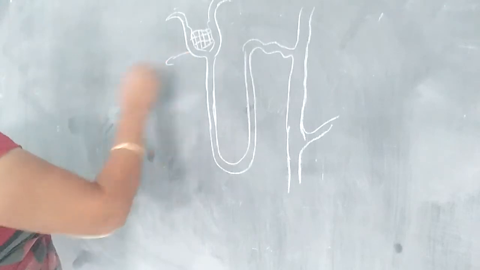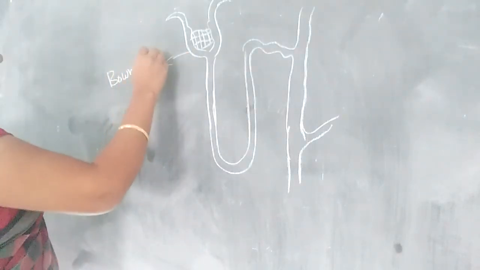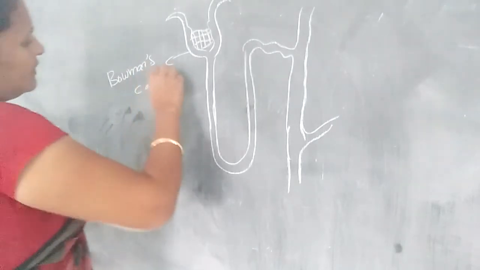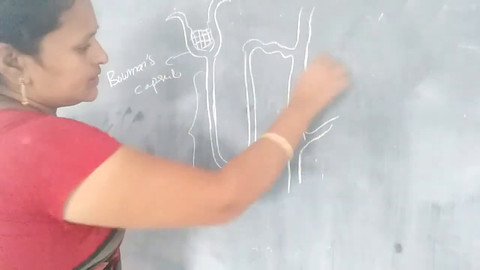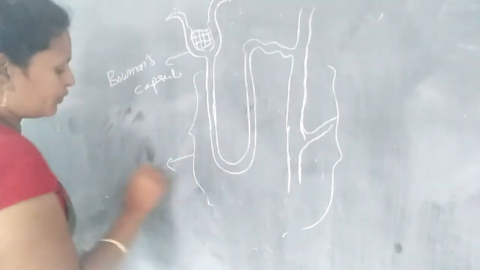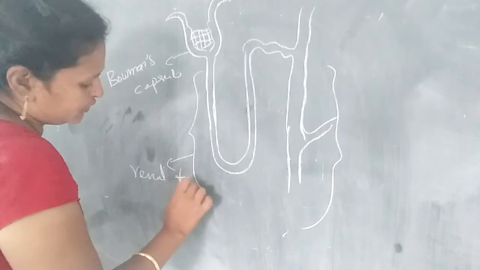So this is the Bowman's capsule, and this one is the renal tubule.